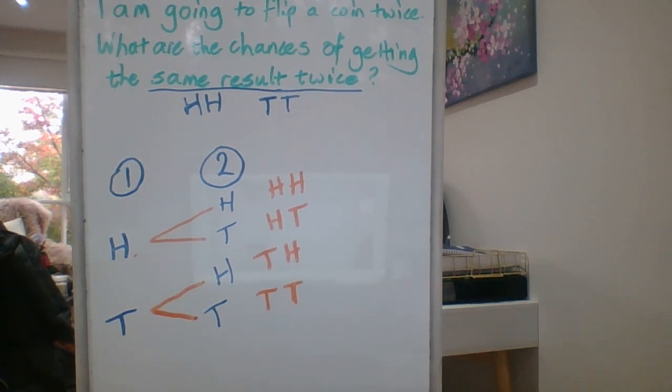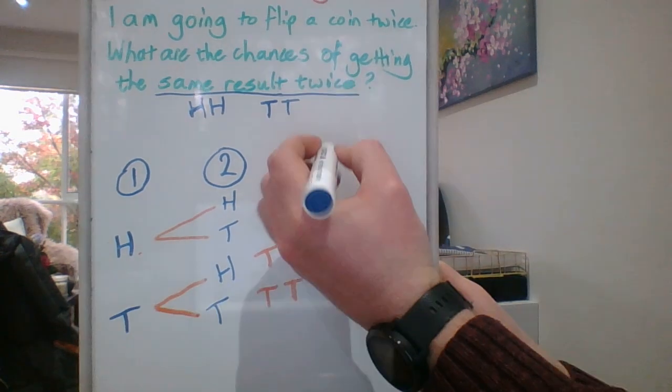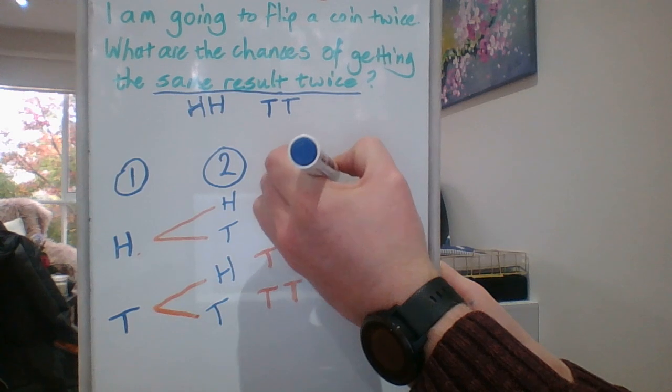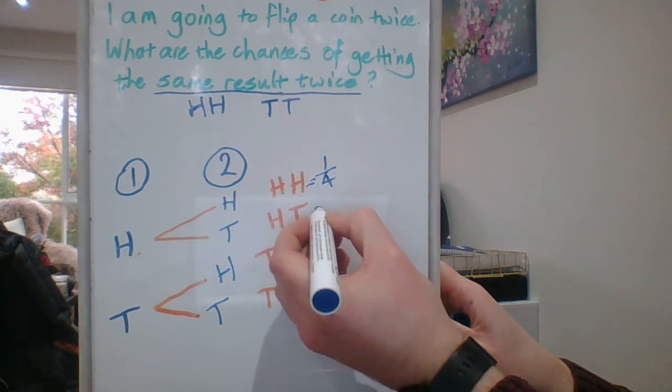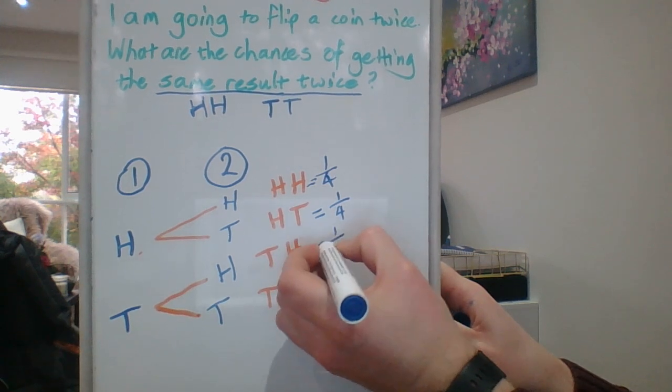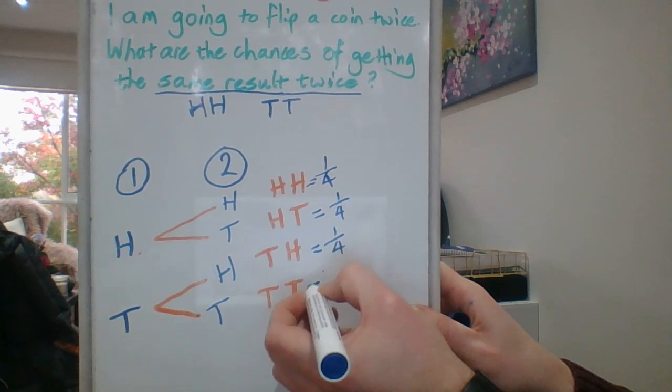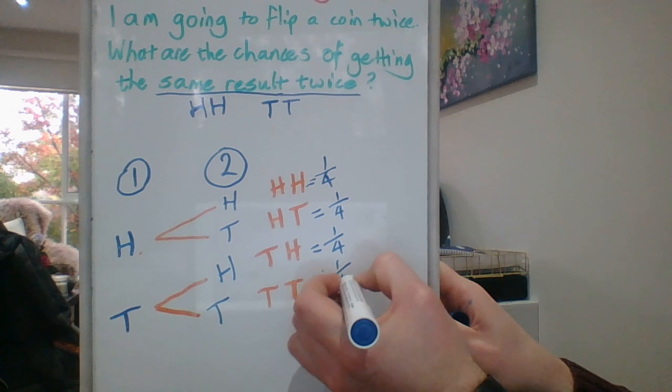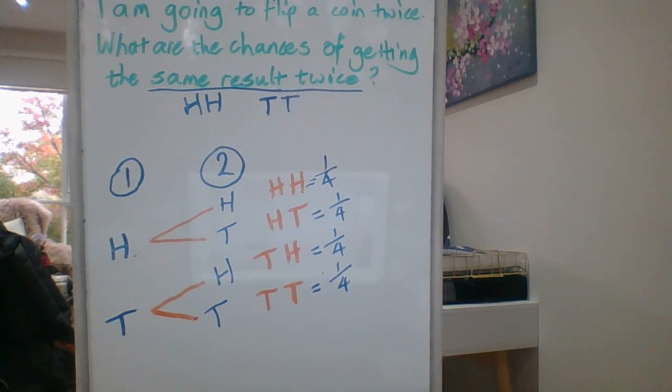And the chances of flipping and getting each of those combinations are 1 in 4. It's 1 out of the 4.